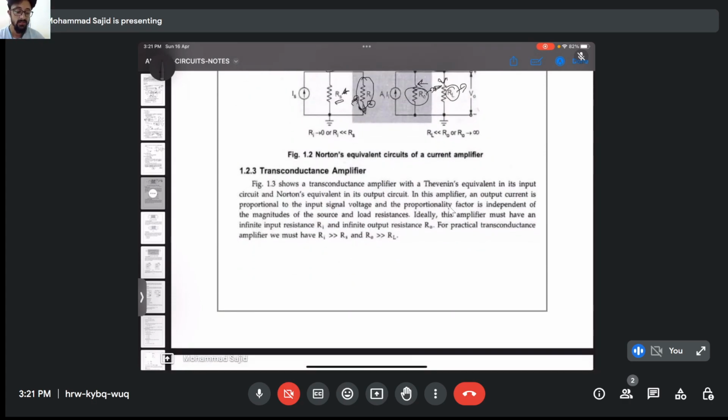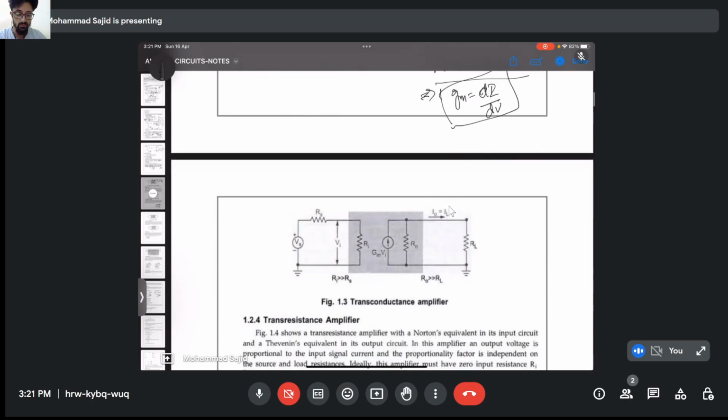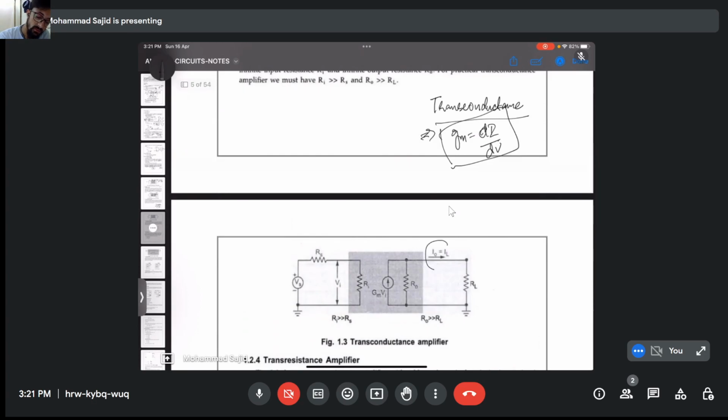Next is the transconductance amplifier. We have come across this term many times. Transconductance, Gm, is I by dV, right? So here the output will be current and the input will be voltage.